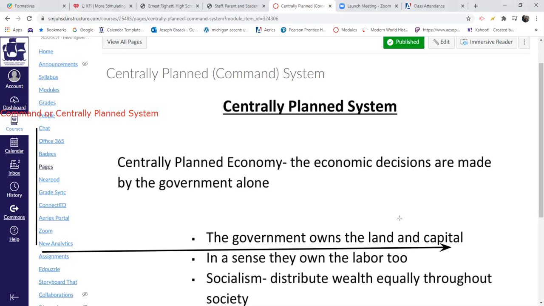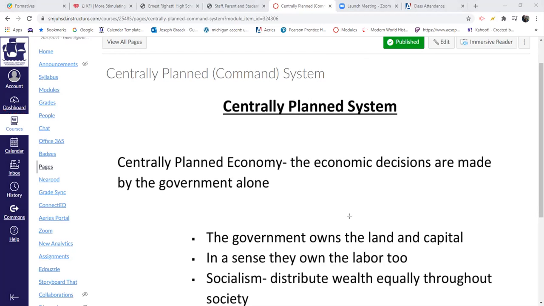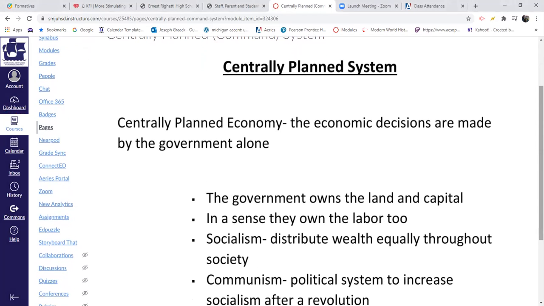Now, when we look at a centrally planned or command system, basically what we're talking about is a country or society in which the government answers the three questions of what, how, and for whom.